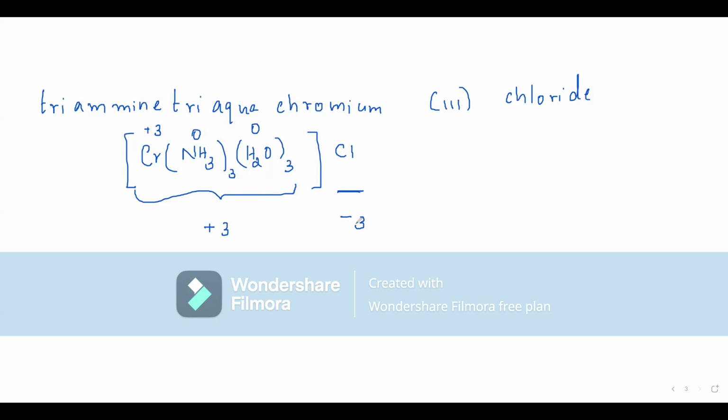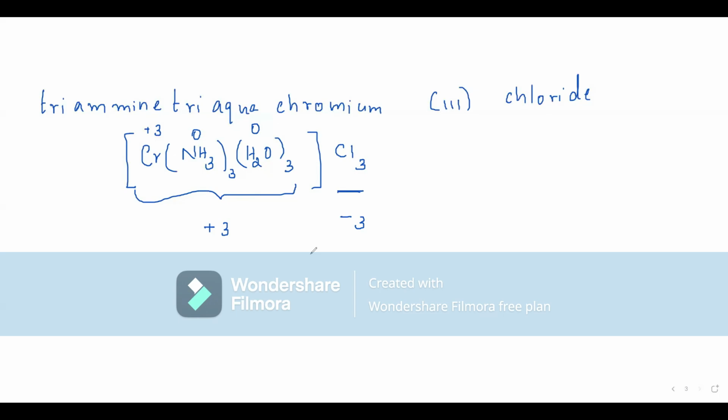So I should write here Cl3, so that the charge within the complex and outside the complex remain the same, but the sign is different. Plus 3 within the complex, therefore minus 3 should be due to the counter ion.